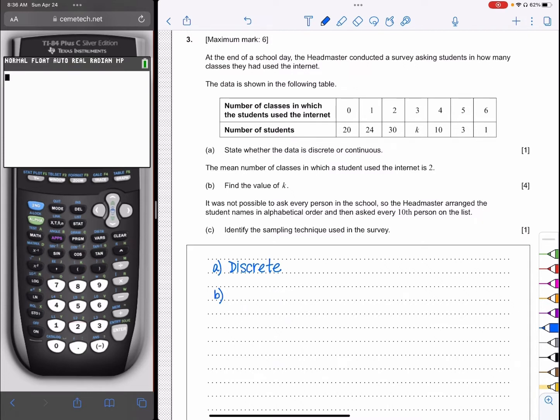So there are 20 students who say they use the internet in no classes, 24 students in one class, 30 students in two classes, K students in three classes, 10 students in four classes, three of them in five classes, and one student in six classes. So we have to write the formula out for the mean.